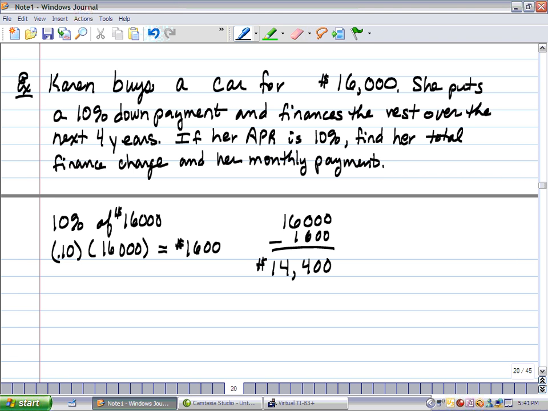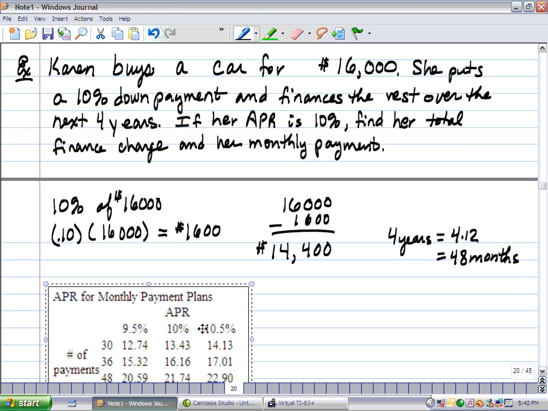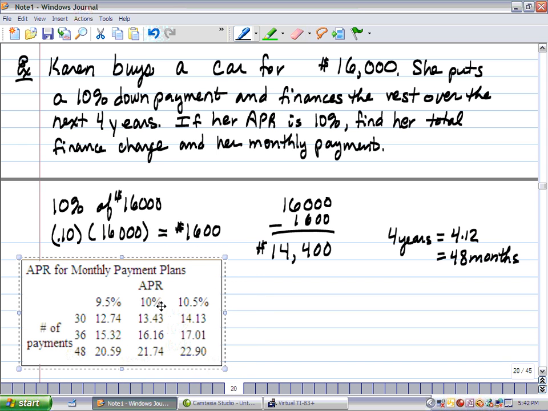Okay, so the APR is 10, and 4 years is 4 times 12, 48 months. So she's going to be making monthly payments. Let's put the chart in here where we can see it.